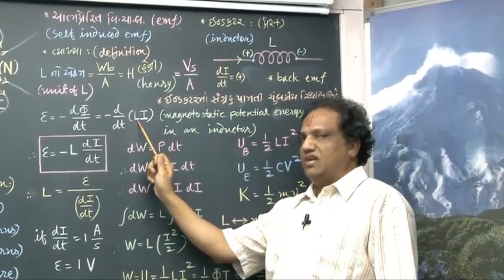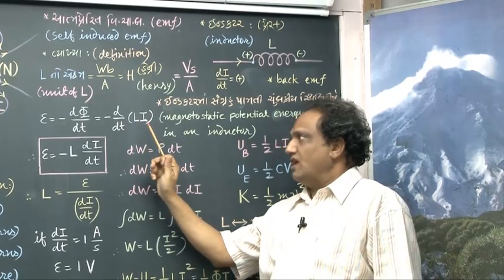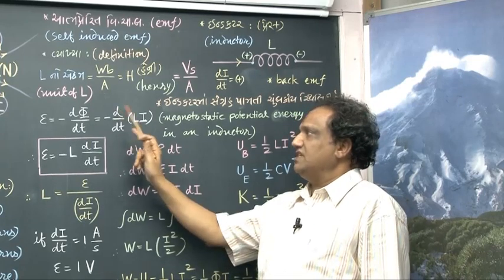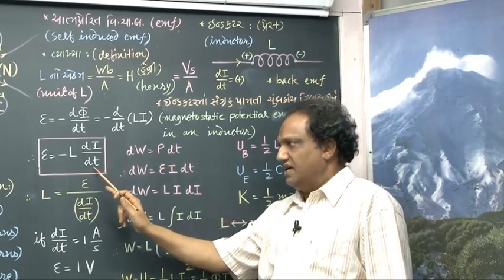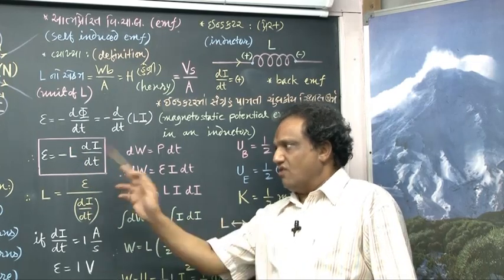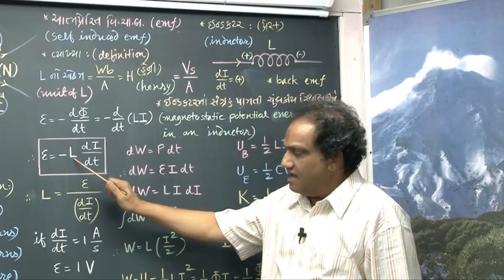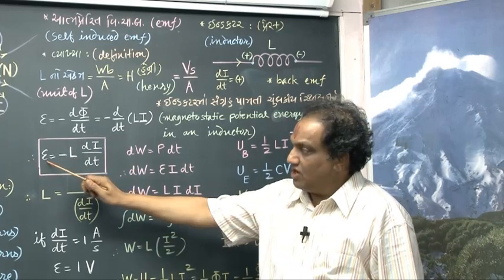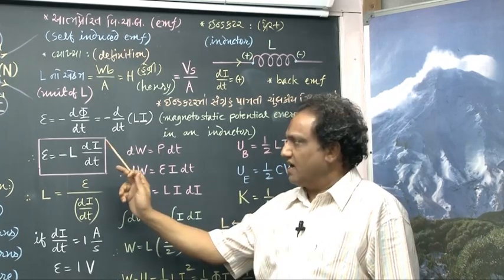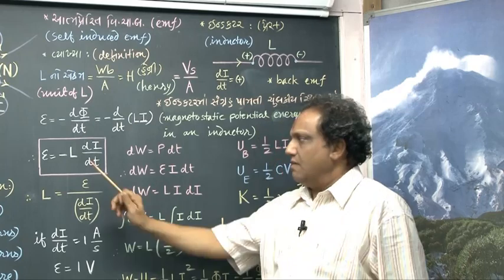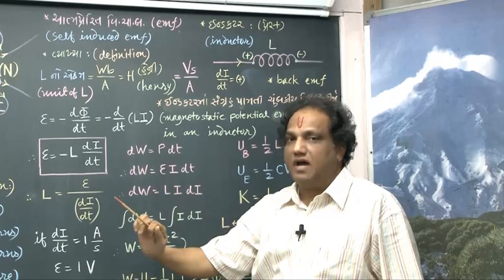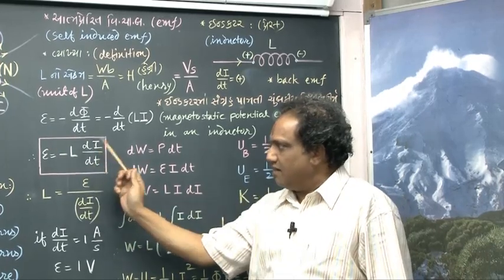But for a given circuit or for a given coil, this value of L is constant. Take it out. When you take it out, what is left is dI by dt. E equals minus L dI by dt. Now from this, if you want the unit of L, come on, what is the unit of induced EMF? It is volt. Unit of time is second. Unit of current will come down, that is ampere. Come on, unit of L from this equation: volt into second upon ampere. I repeat, volt into second upon ampere.